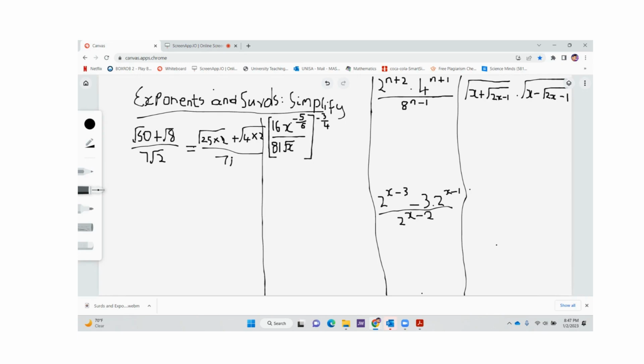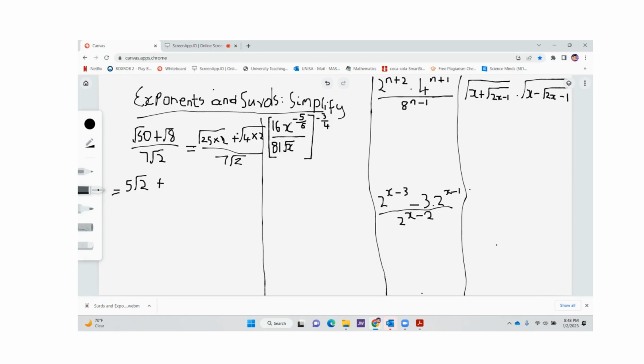So we still have 7 root 2. Okay, so this will take us to the square root of 25. We all know it's a 5. We do not have a square root of 2, so this will be 5 root 2. We are still respecting this plus. You'll see that we're only applying laws where there's a multiplication and a division.